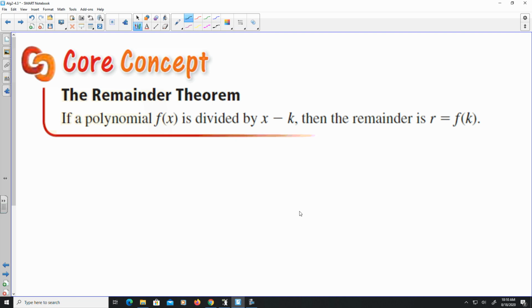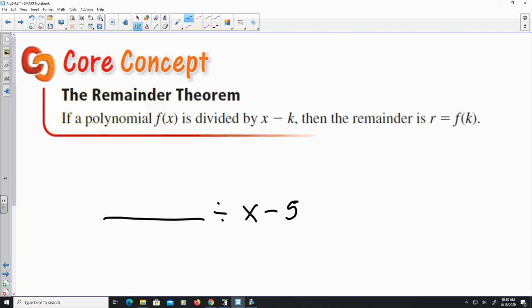So for example, whatever value you're dividing by has to be x minus or plus, the opposite of some value. So it could be x minus 5.